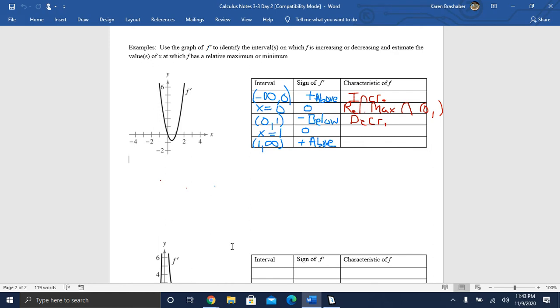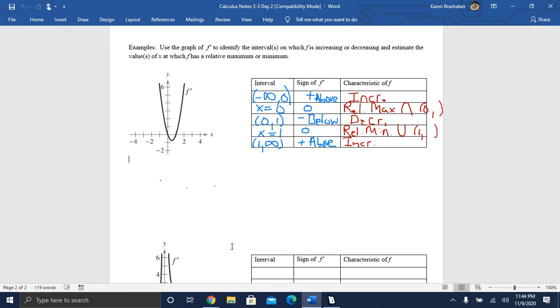And then in my last interval, f prime is above, so f is increasing. And so we have a graph that changes from decreasing to increasing. That means we have a relative min. And again, we know that it happens when x is 1, but we do not know the y value.